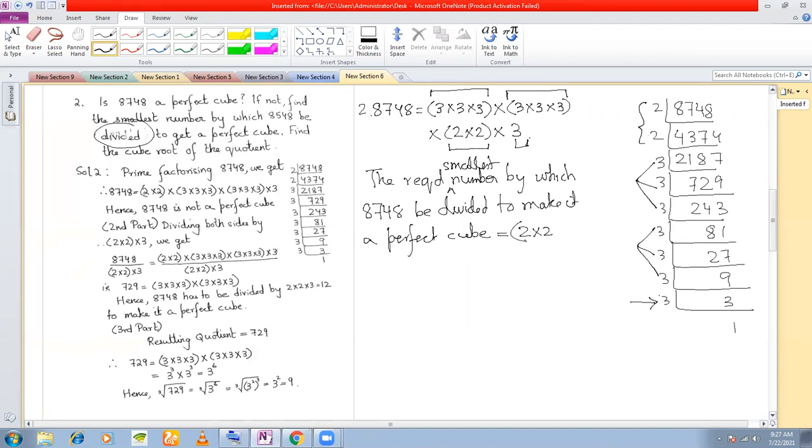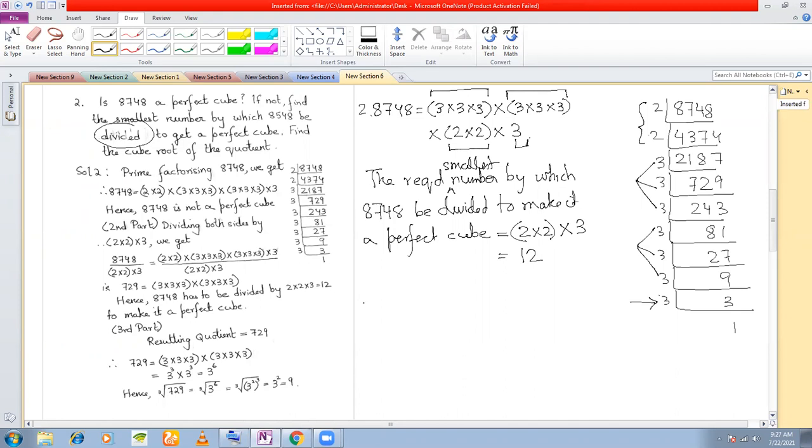This one, because we want to remove this. And what else? We want to remove this also, right? So this is the number. What is the number here then? I think it should be 12. The smallest number by which it should be divided is 12. Okay, so this answers the first part of the question.